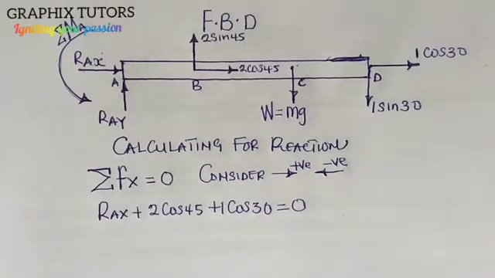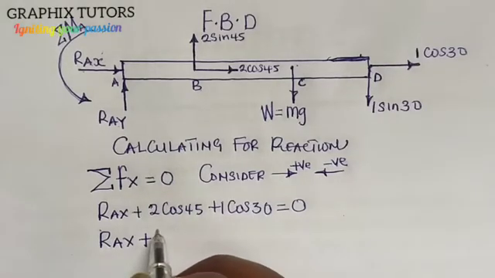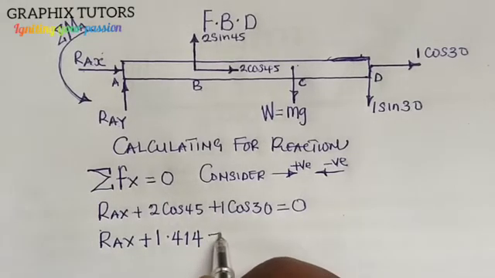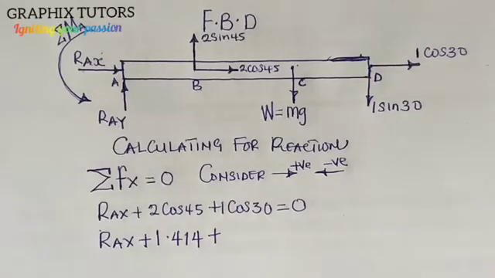Now when you do that, if you press 2 cos 45, we'll be having ROAX plus 1.414 plus 1 cos 30 will be 0.866.